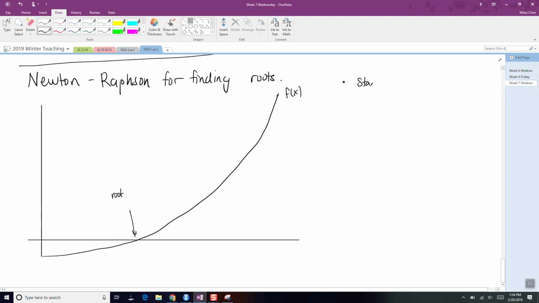We start at arbitrary x0, okay? So I'm going to just say here's x0. We find f of x0. So I'm going to go up. Okay, so here is f of x0 right here.